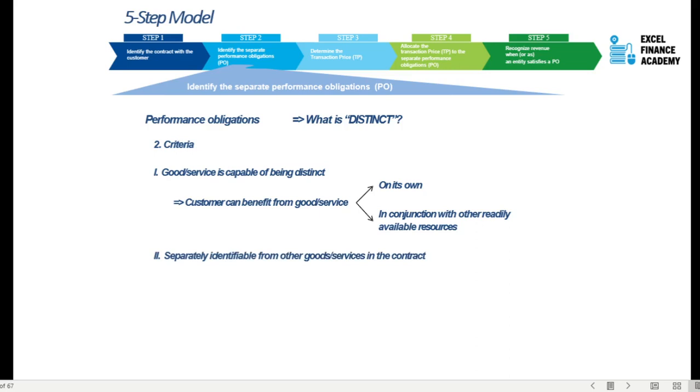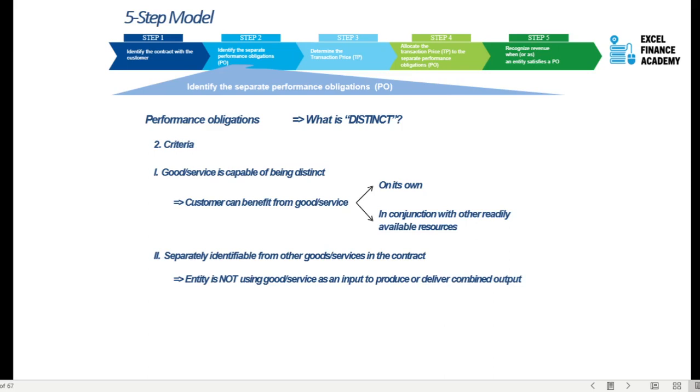The second criterion to call it a distinct performance obligation is that it is separately identifiable from the other goods and services in the contract. We will look at a more detailed example in the coming slide. The entity is not using the good or service as an input for its other obligations in the same contract.